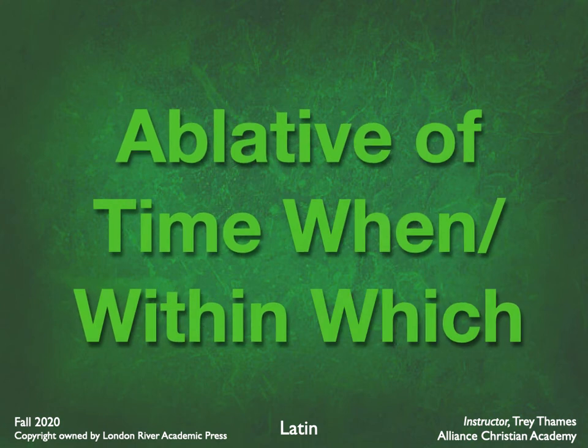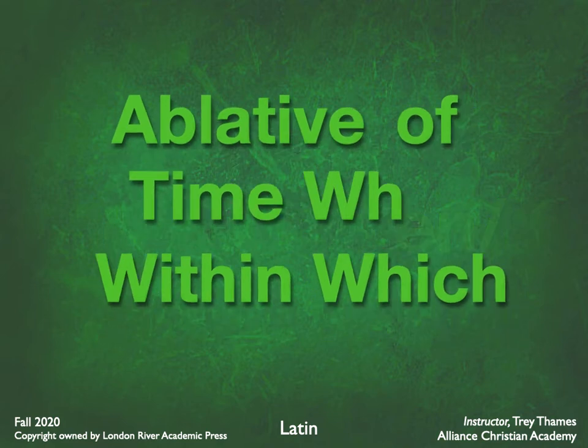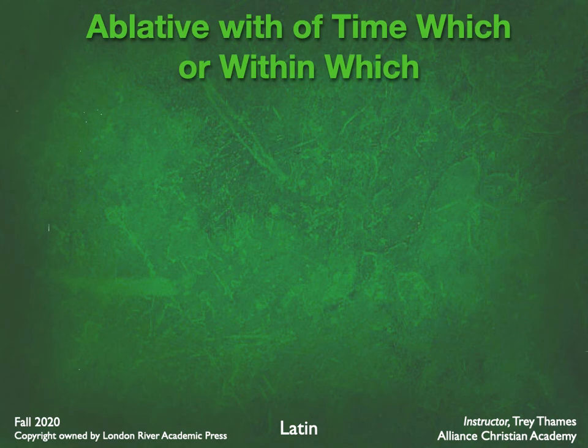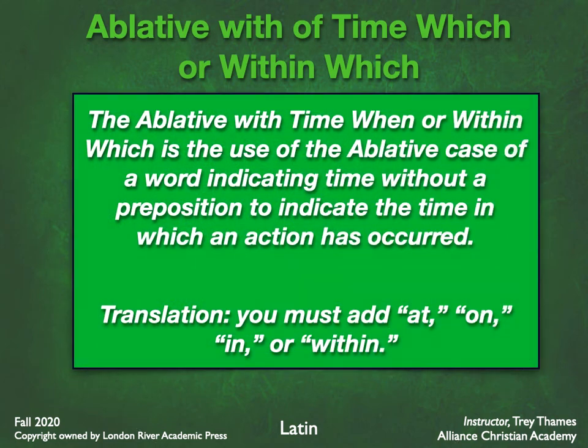The final grammar lesson this week is ablative of time when, or sometimes it's called ablative of time within which. And here is the definition. When you have a word in the ablative case which indicates time, some word that indicates time like year or month or day or hour, those kinds of things.